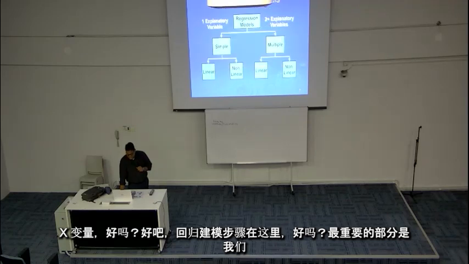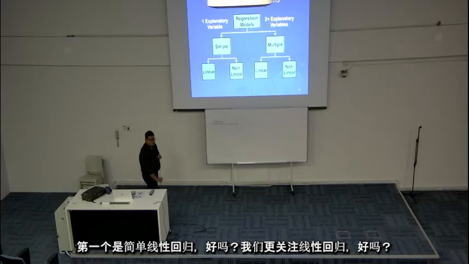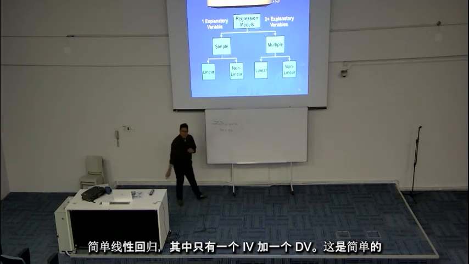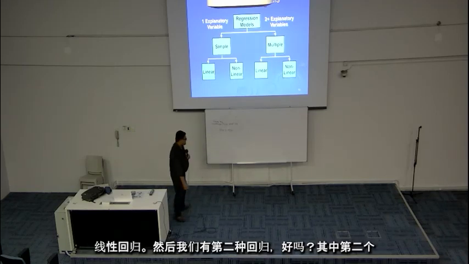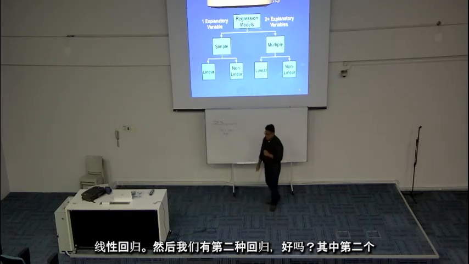The most important part is we need to know the type of regression model. We have two types. The first is simple linear regression, and we focus more on linear regression. Simple linear regression involves only one IV and one DV.